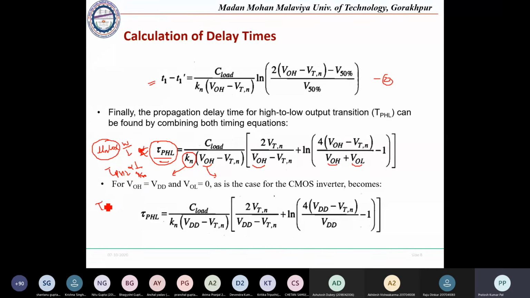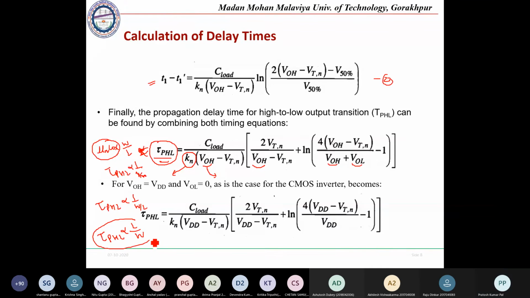So from there we can say tau PHL will be proportional to L, since Kn is directly proportional to W by L, so this L will be coming out on the top. So tau PHL will be directly proportional to L and inversely proportional to W.